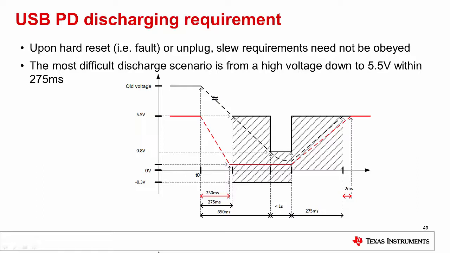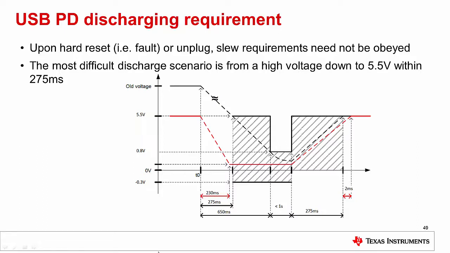The most difficult scenario for discharging that capacitance is actually not a hard reset, but if, let's say, the source is providing 20 volts, but the sink decides it wants to go to only 5 volts. The sink will send a request saying, please give me 5 volts. But the source cannot depend upon the sink drawing any load during that time, so the source needs to be able to discharge that capacitance on its own.